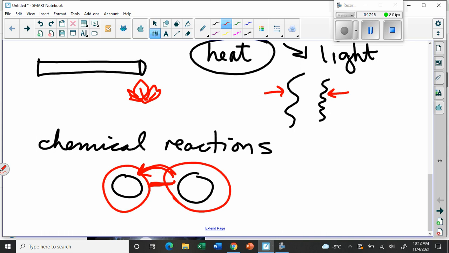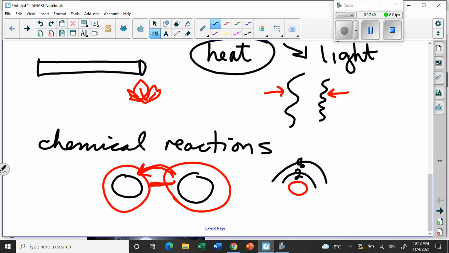So sometimes when things react, not always, but sometimes, remember the electrons around an atom, remember when we first learned about the atom way back? We learned that they had energy levels. We drew these pictures, right? 2, 8, remember 1s and 2s and p. Those were describing the energy of the electrons.